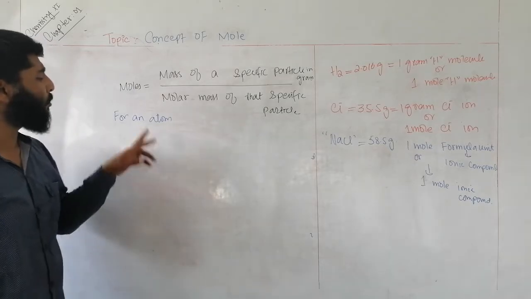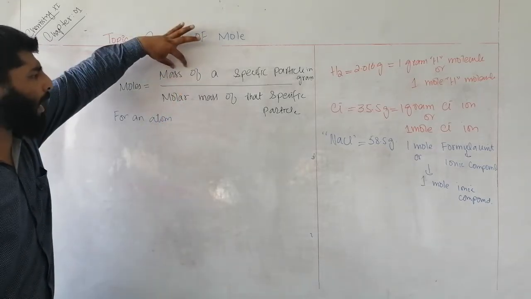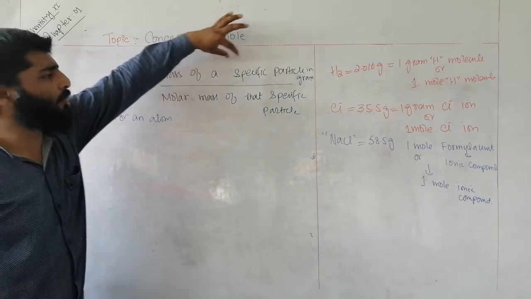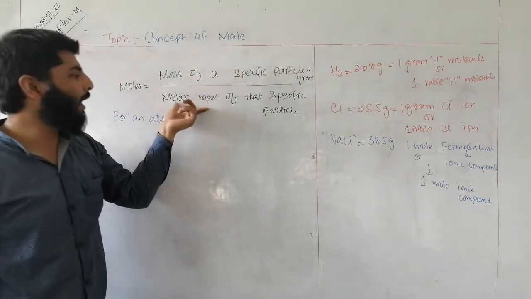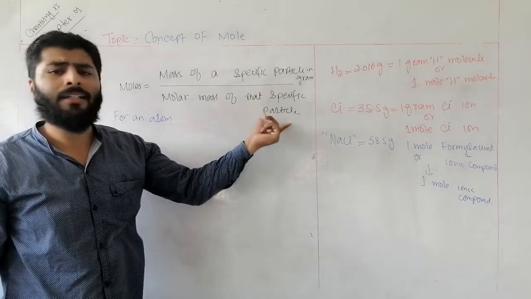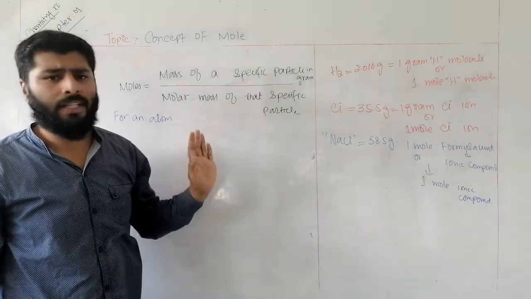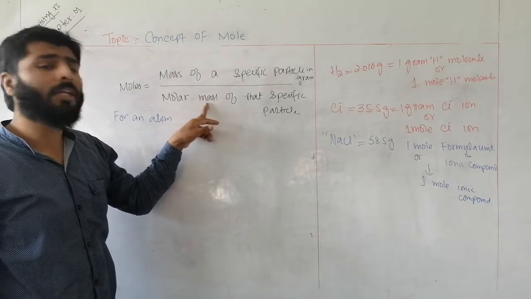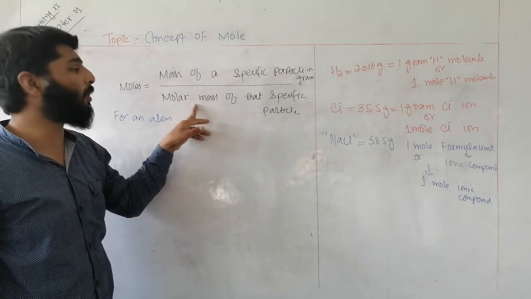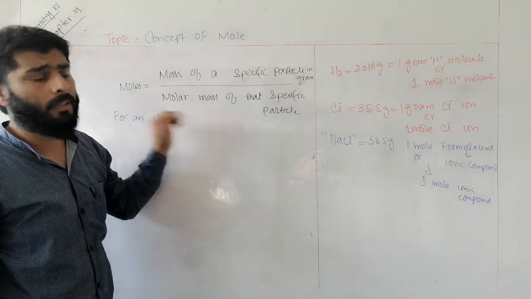For an atom, you can write it as mass of an atom in grams divided by molar mass of that atom. Similarly, you can write atomic mass instead of molar mass as well.